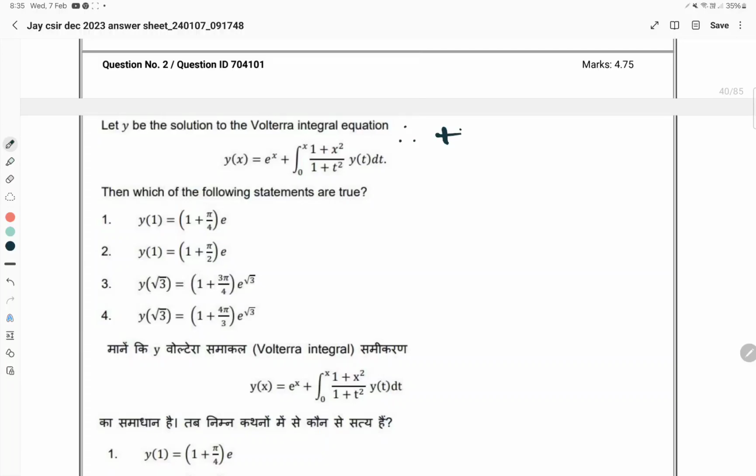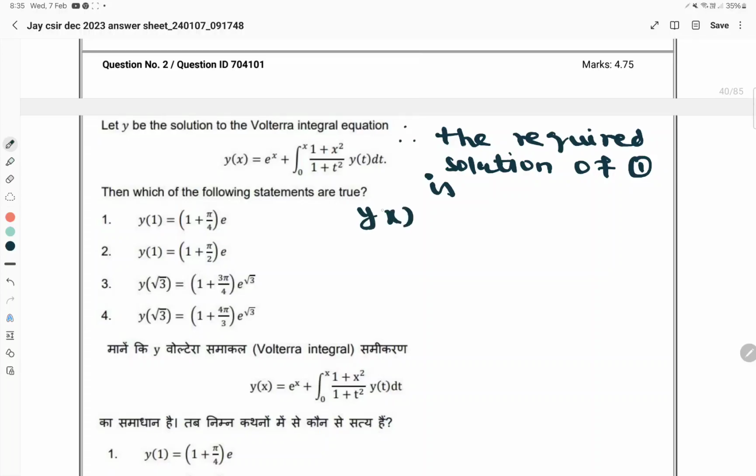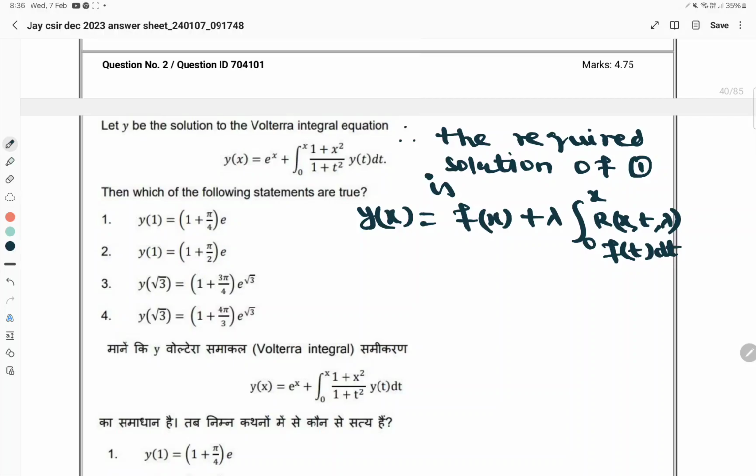Therefore, the required solution of the given problem 1 is y of x equals f of x plus lambda integral 0 to x R(x,t,lambda) f(t) dt.